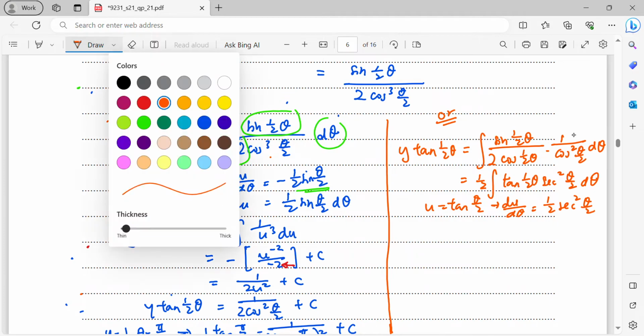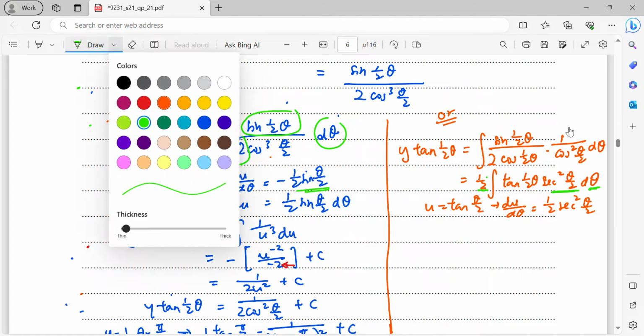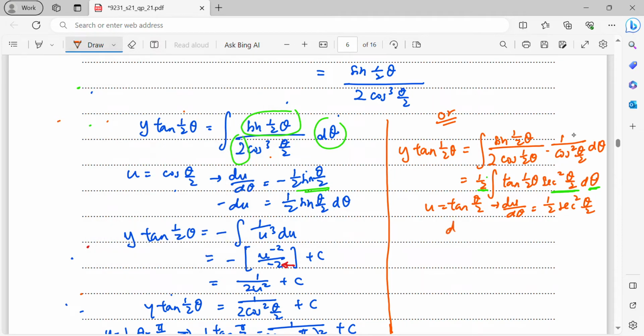So now here I get half secant square half theta, right? Then together with the d theta means that now I will get my du is half secant square half theta d theta. So I will change all these 3 terms to get du.